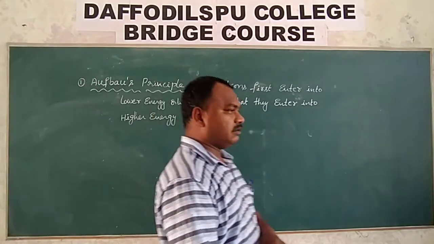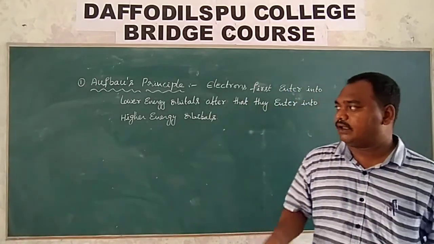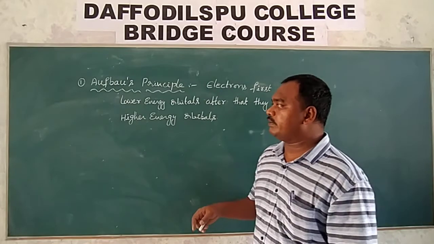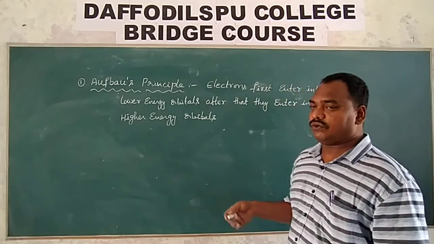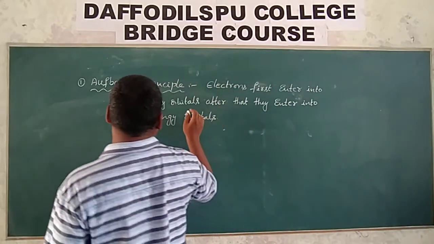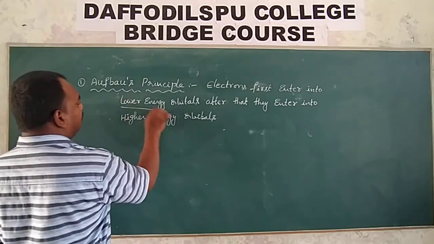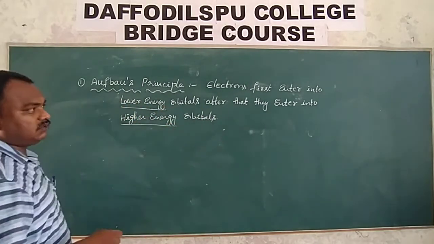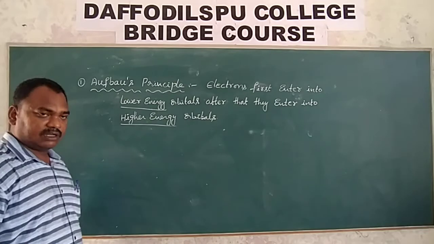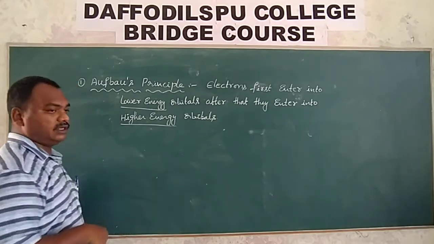Now we have the doubt. Which orbitals have less energy and which orbitals have more energy? If you know that one, then you can place the electrons in those orbitals. What this rule is saying: electrons are first entering into lower energy orbitals.